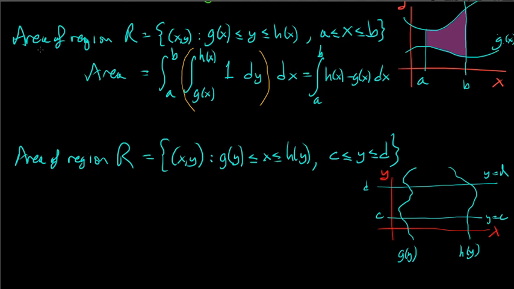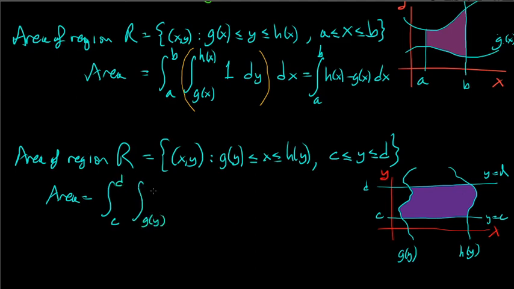So now my region, the purple region in here, is this. Okay, so I can calculate the area of that region as the definite integral from c to d of the definite integral from g of y to h of y of the number 1, but now it's first with respect to x, then with respect to y.